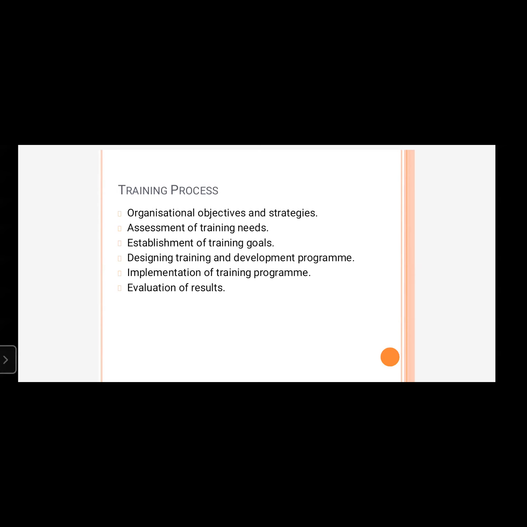So once these objectives are finalized by the organization, then the organization has to concentrate on strategies. Okay, the objectives are set by the organization. How is the organization going to achieve those objectives?